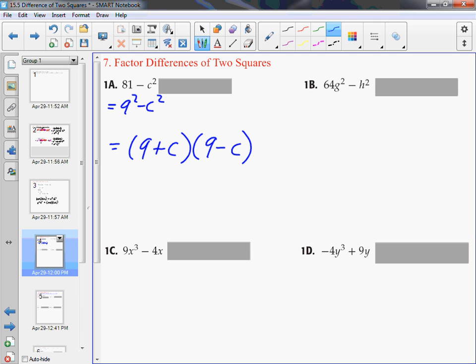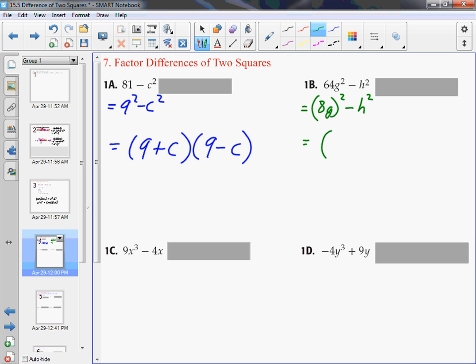All right, let's take a look at 1b. Is 64g squared a perfect square? It's what squared? So let's go ahead and write that. And if you don't need to put that step, that's fine. This might help. So that's 8g squared. H squared is a perfect square. It's h squared.